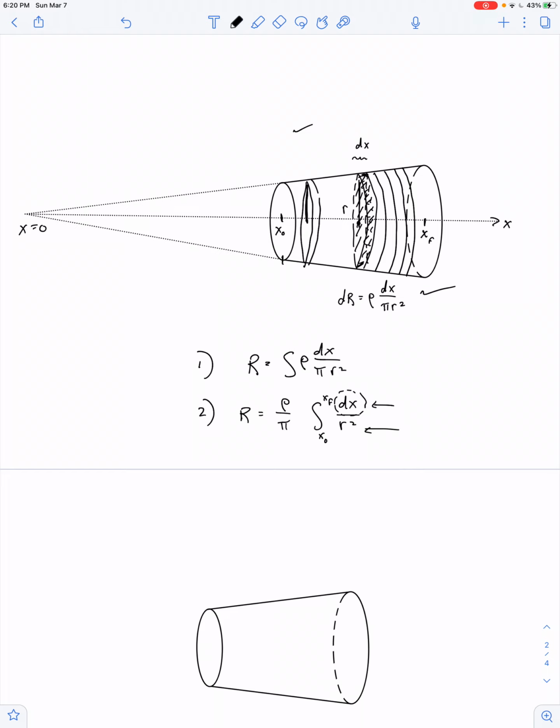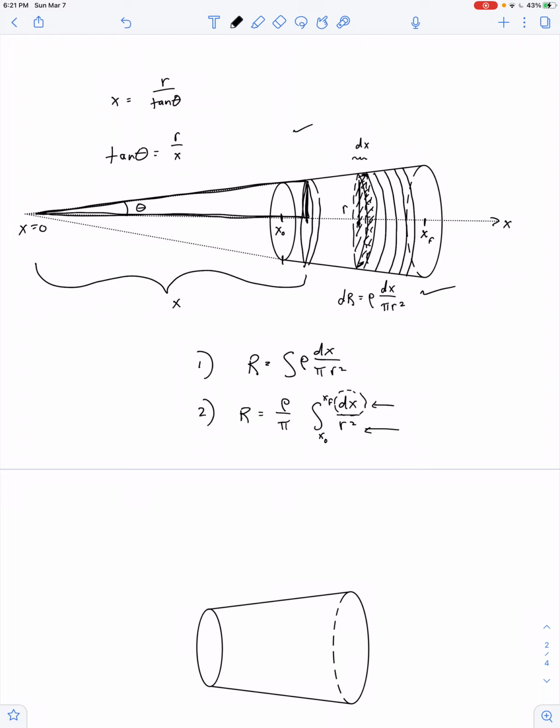Let's introduce an angle right here we call theta. Tangent is opposite over adjacent, so tangent theta would be equal to r divided by x. Or in other words, x is equal to r divided by tangent theta.